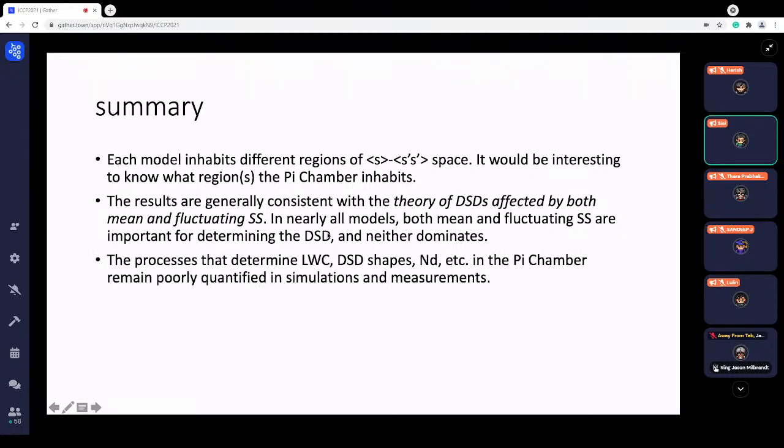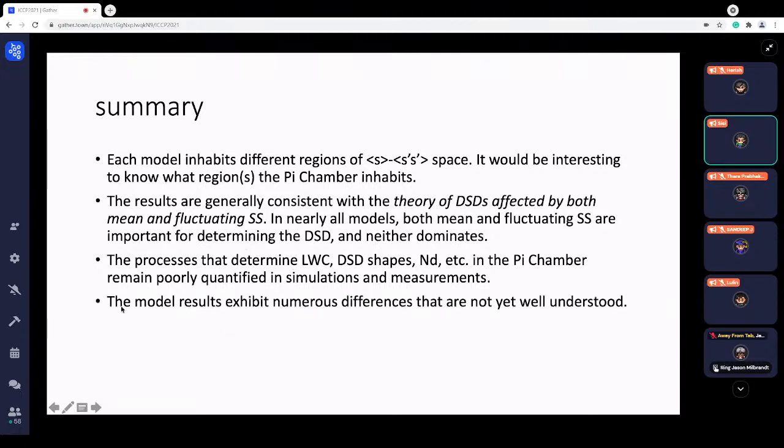We also found that the processes that determine the microphysics, such as liquid water content, DSD shapes, number concentration of droplets, etc., remain poorly quantified in the simulation. Lastly, we also see the model results exhibit numerous differences that are not well understood and will need future work.